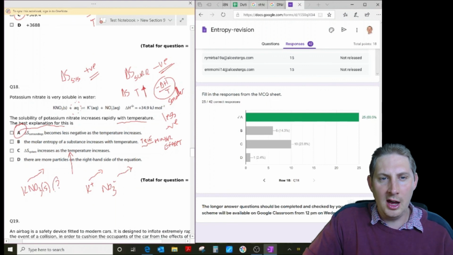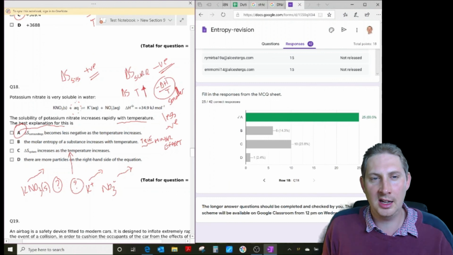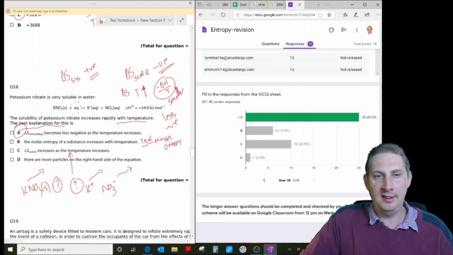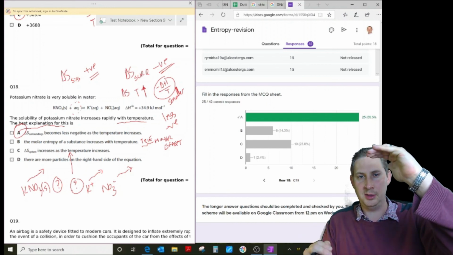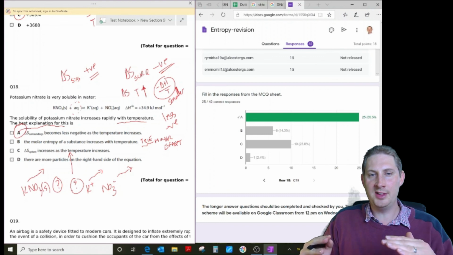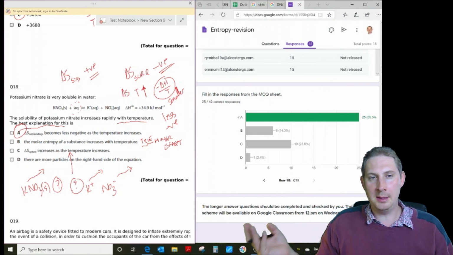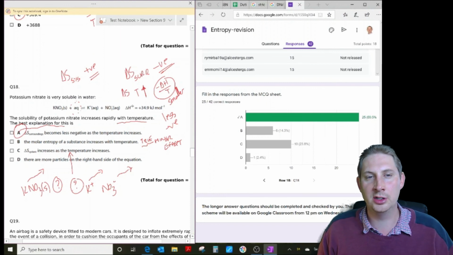And we don't know the relative balance between how much they're climbing, and therefore if the KNO3 is climbing faster, delta S system might get less significant, but if the others are climbing more, it might get more significant. We cannot tell without further information whether or not delta S system is going to increase or decrease. It will change, but we don't know how.